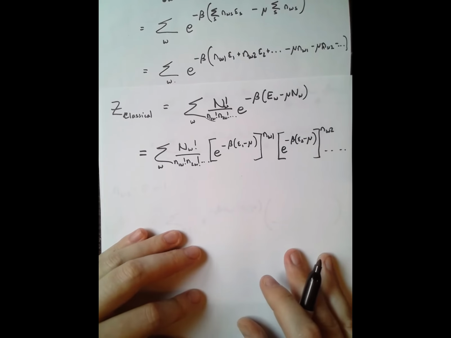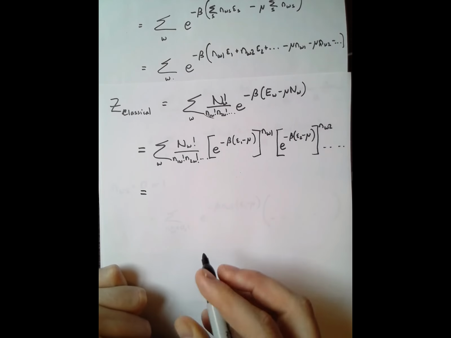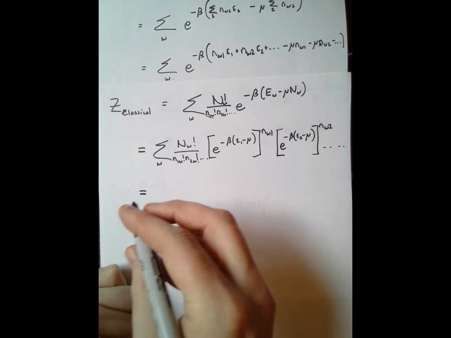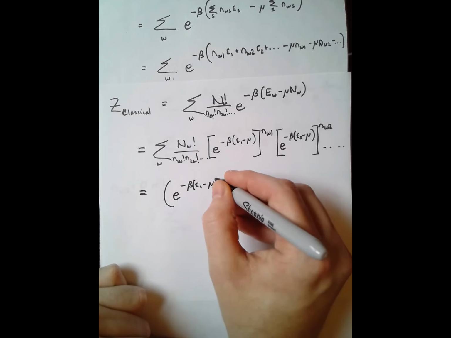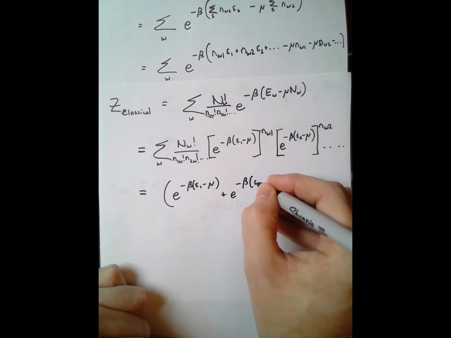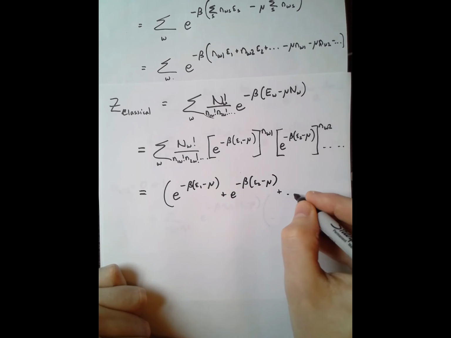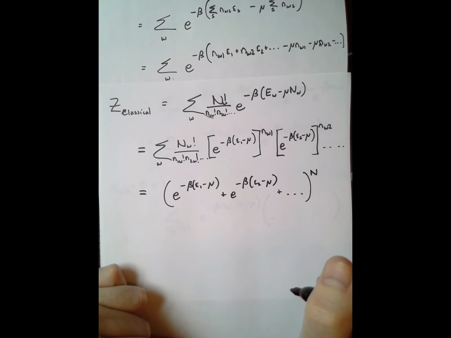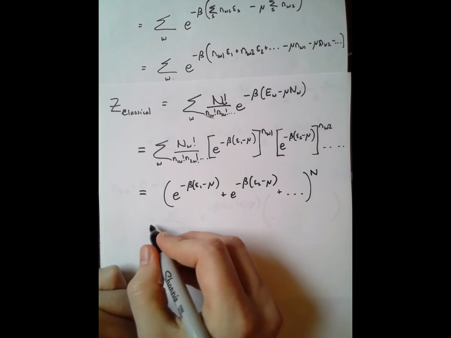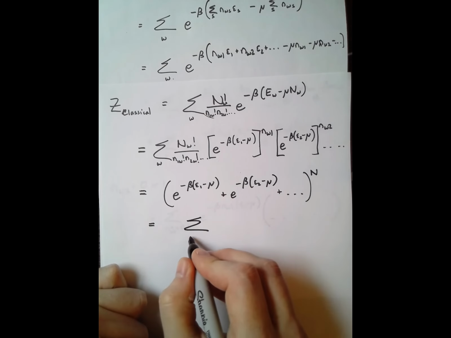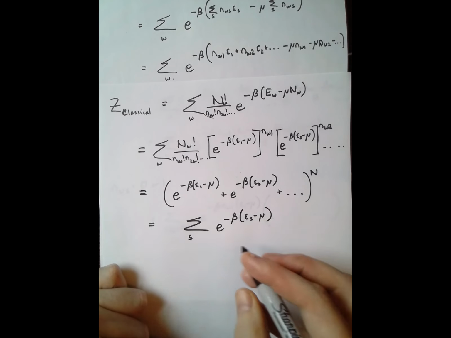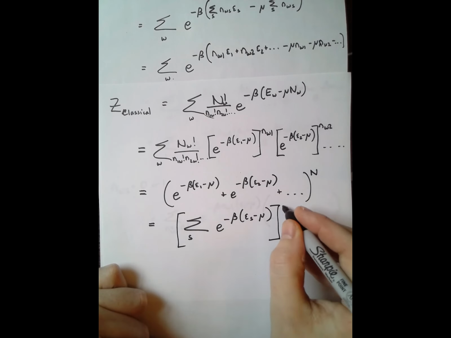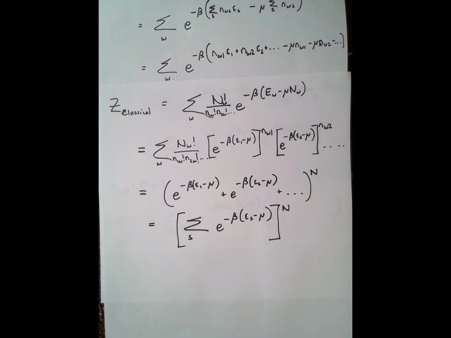So this is simply equal to e to the minus beta epsilon 1 minus mu plus e to the minus beta epsilon 2 minus mu plus and so on, to the power of big N. So this is the sum over the states of e to the minus beta epsilon s minus mu, raised to the power of the number of particles in the system.